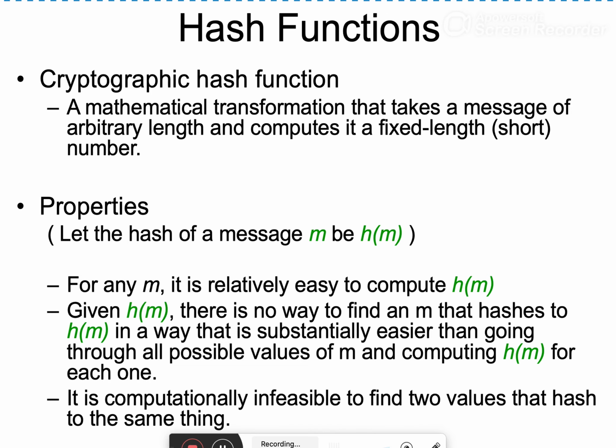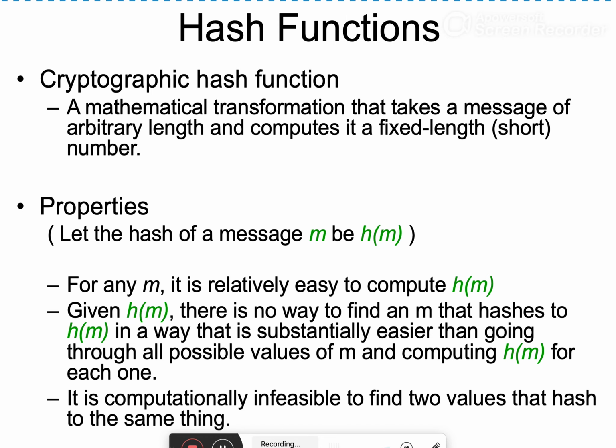Like if we are using some particular algorithm which generates a hash string of 160 bit or 120 bit, the input can be 1 byte or 1 kilobyte or 1 megabyte, but the output of the hash function will be a fixed length, like 120 bit or 160 bit, depending on which cryptographic hash function you use to compute the hash.